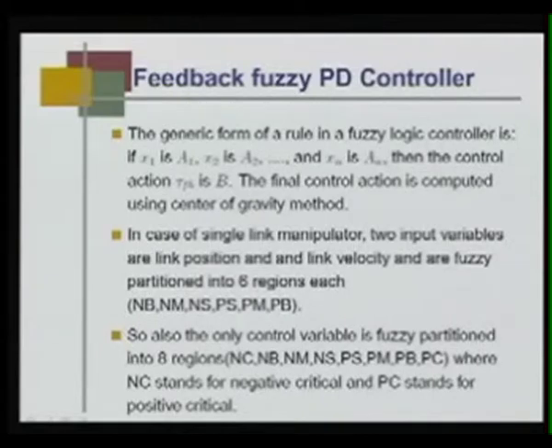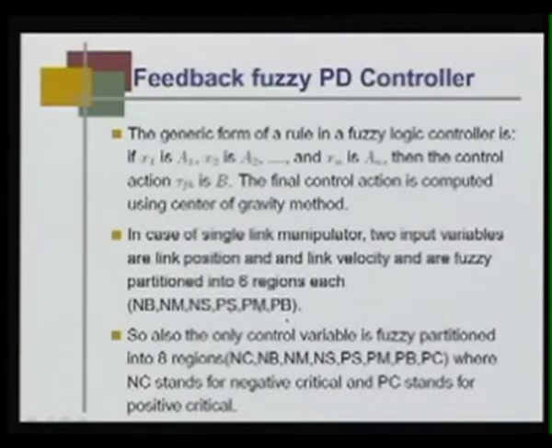In case of a single link manipulator, the two input variables are link position and link velocity, and they are fuzzy partitioned into 6 regions as negative big, negative medium, negative small, positive medium and positive big.